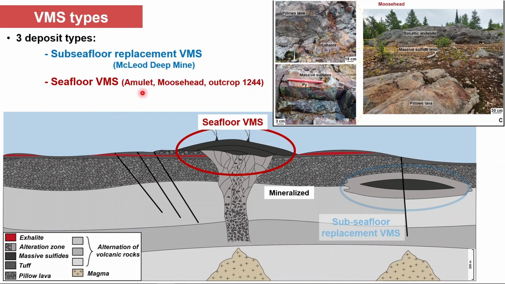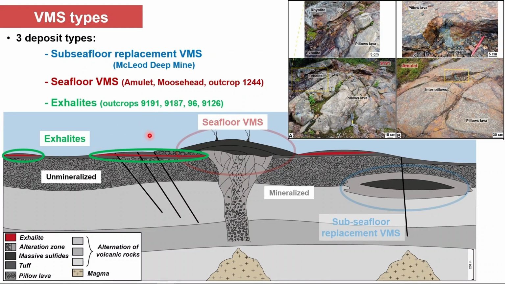So we sampled the Amulet, the VMS, Moosehead, Shoring, and some other outcrops in the Noranda camp. The last type corresponds to different exhalites, which are basically hydrothermal circulations in the crust, associated or not directly with VMS, but we targeted exhalites linked with pillow lavas to be sure that there was an interaction with the seawater.